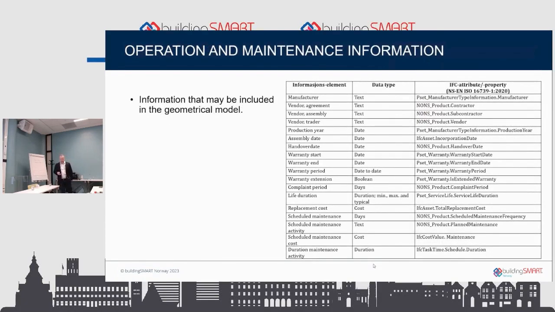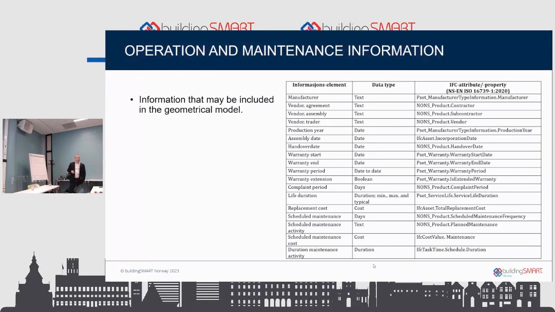One of the things that we have discussed is that in the geometrical model, authoring tools today are not very good at handling alphanumeric information. It often requires several different licenses, a lot of skills in how to use it, and IFC exports can be quite difficult to set up correctly to get the properties right.